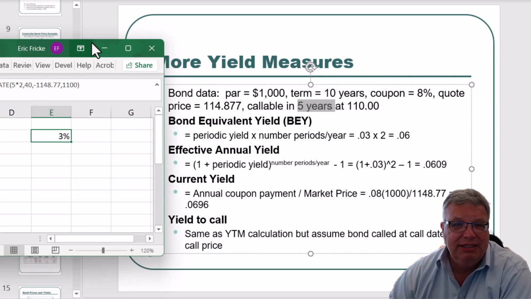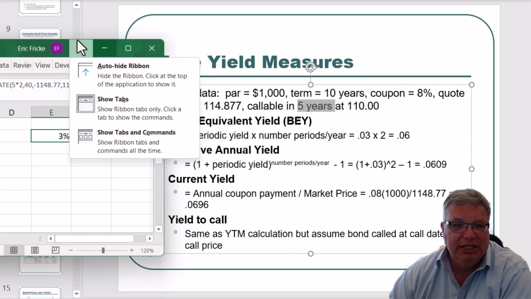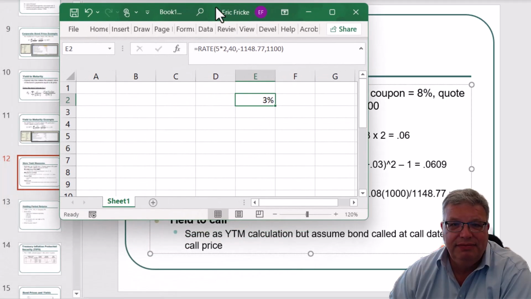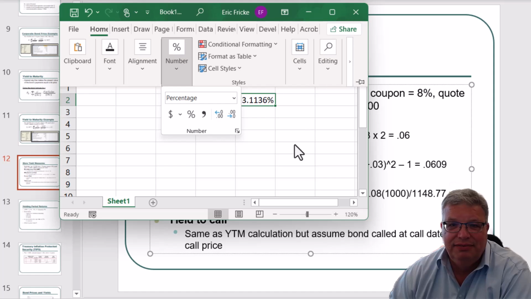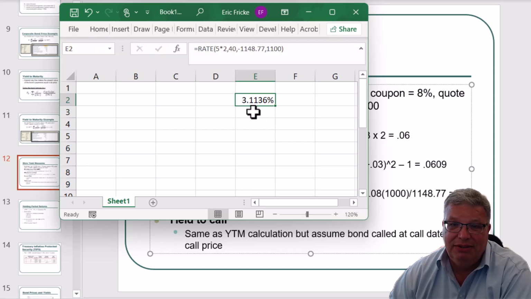Now remember I said to check the default on here on the number of digits. And you want to hit this one. See that? So it's 3.11%. But we have to multiply that by 2, right?